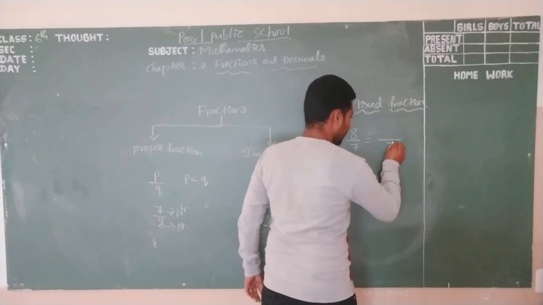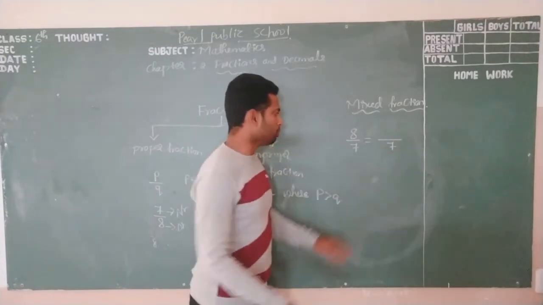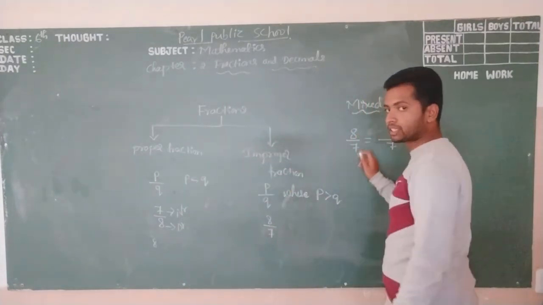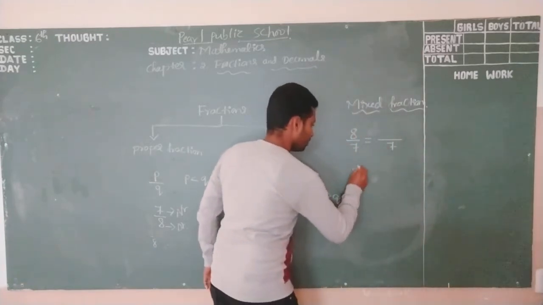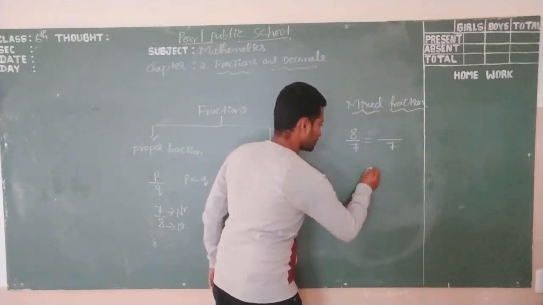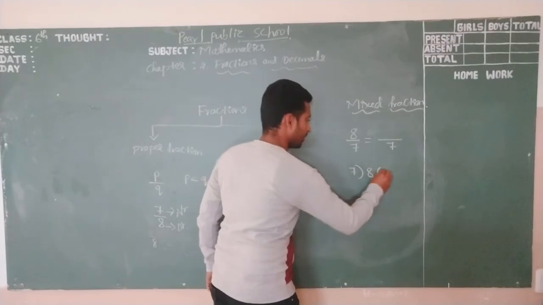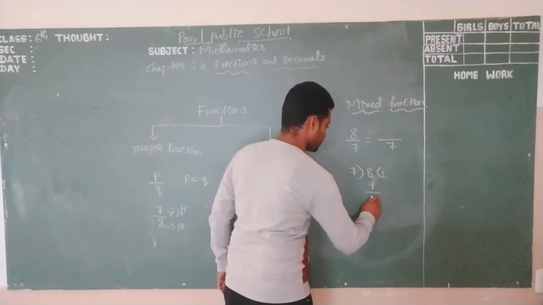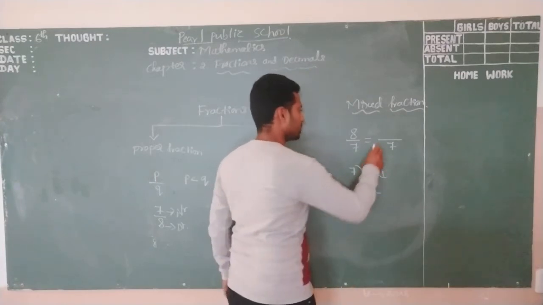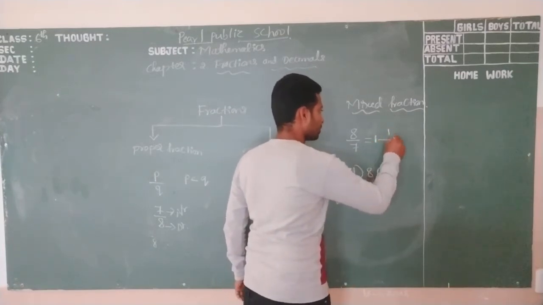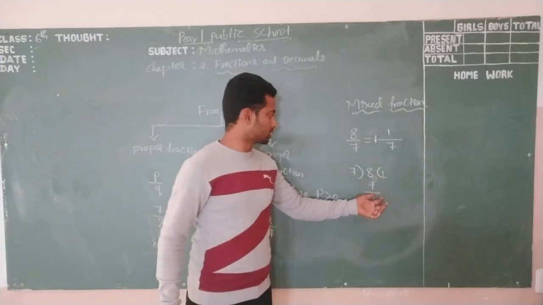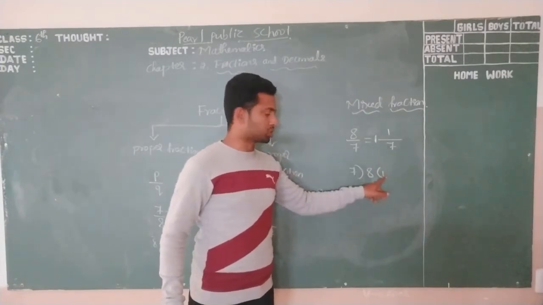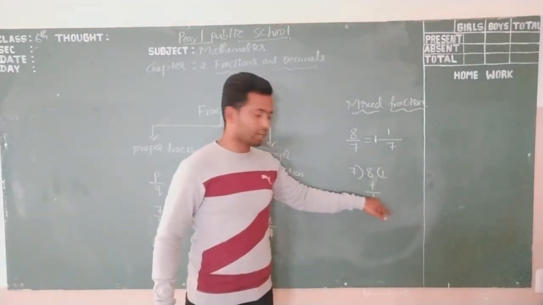You divide 8 by 7. 7 ones are 7. Subtract 8 minus 7 is 1. You write down 1 here and 1 here. This 1 is the quotient and this is the remainder.